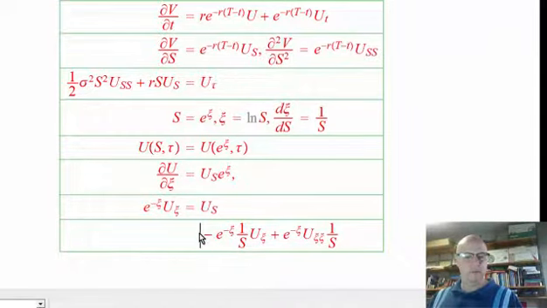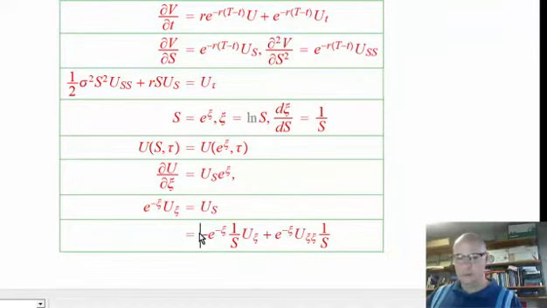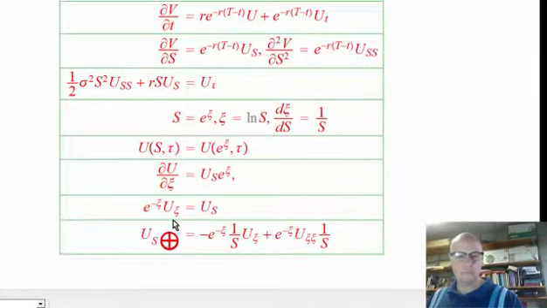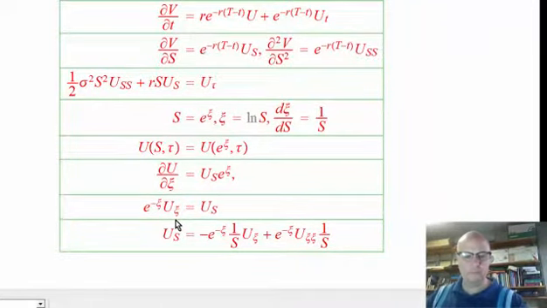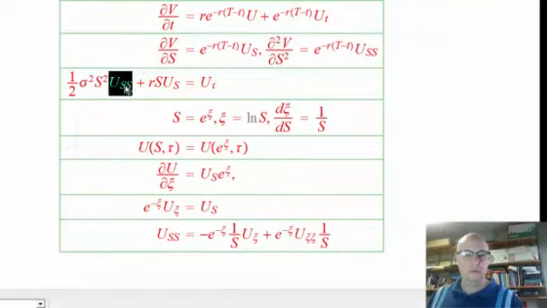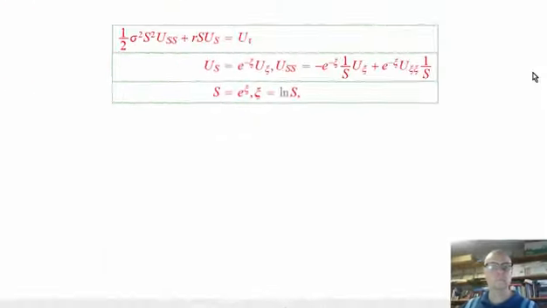All right, so this is equal to the second derivative with respect to s. So I need to put this piece in here, and I need to put this piece in here.